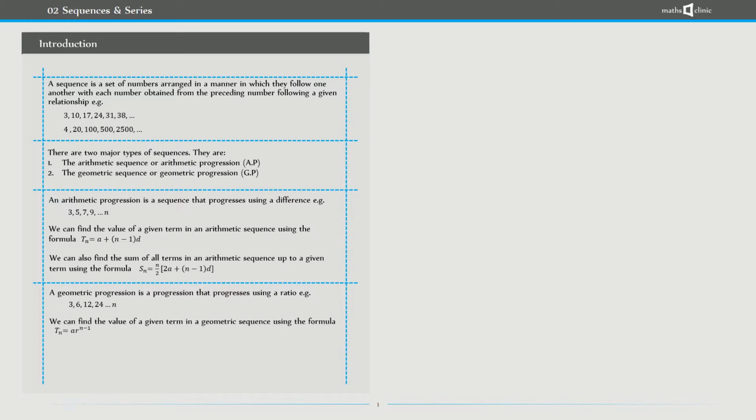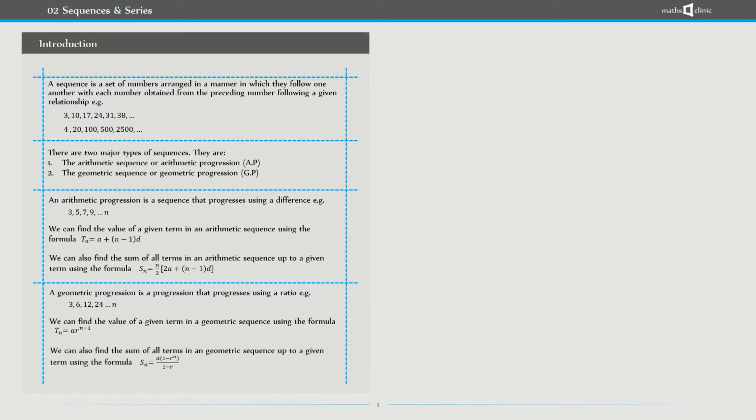And in the same way, we can find the value of a given term in a geometric sequence using the formula Tn equals a r to the power of (n minus 1), okay, where n is the term we're looking for, and a is the first term of the sequence, and r is the common ratio, i.e. the number that we will multiply with as the sequence progresses.